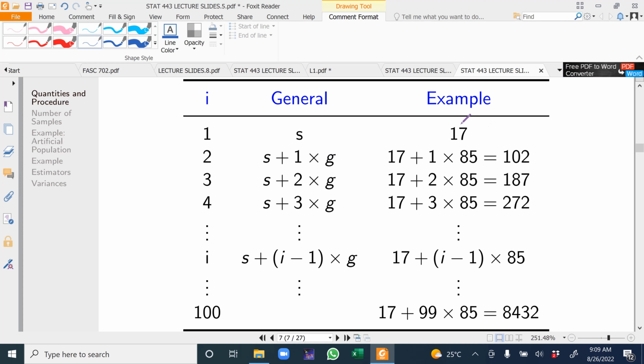The random start doesn't necessarily have to be 17. It can be the first unit. So you can say that your random start S is equal to 1. If S is equal to 1, then it means the first unit in the population gets into the sample. The next unit will be 1 plus 17, which is 18. So the 18th unit becomes your second in the sample, and so forth.